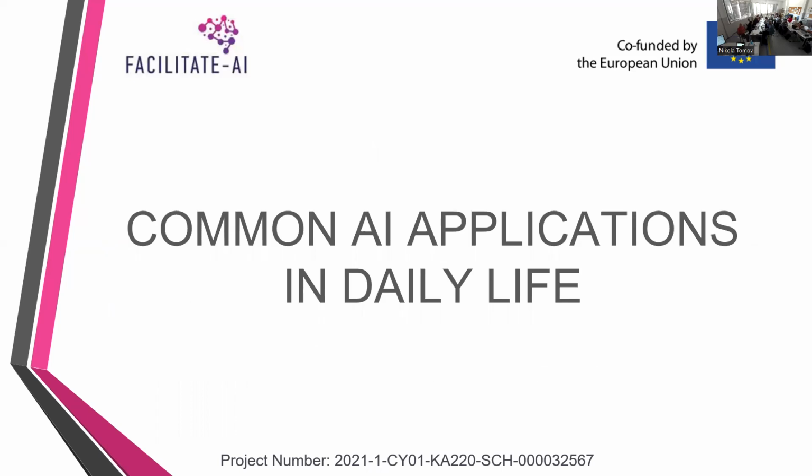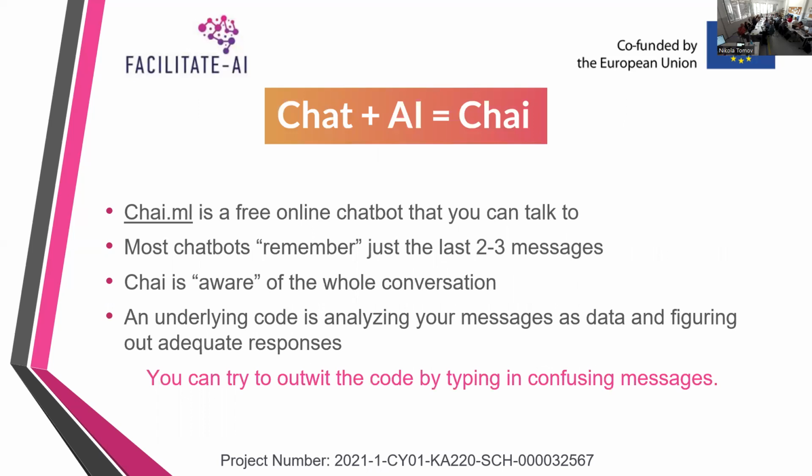And now I'm going to talk a little bit more about the common AI applications in daily life. As my colleague mentioned before me, there's the possibility of using chatbots for a business, but you could also use a chatbot if you need someone to talk to.